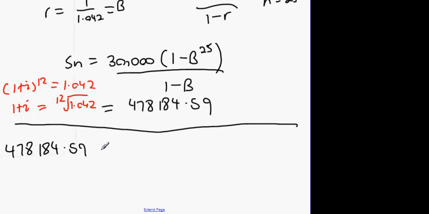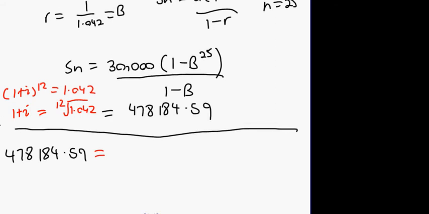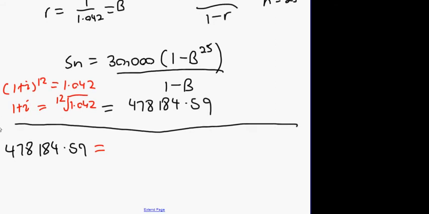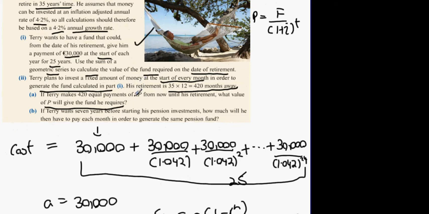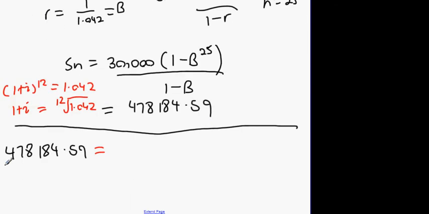Okay, so what we know is that he's investing at the start of every month. So we're going to let this amount be P. Now, his very last investment will be at the start of December in the last year, and that will accumulate 1 month's worth of interest.